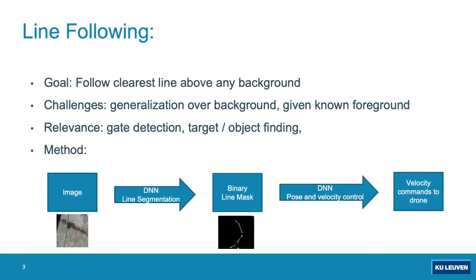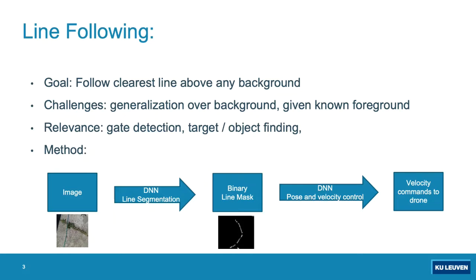It may sound a little bit unnecessary. Well, the cool thing is that if you want to apply a navigation task based on gates it needs to fly through, or where it needs to find a target, often you know the object it's aiming at. So you know the foreground, but you don't know the background. So you want your vision algorithm to be able to generalize for any background.